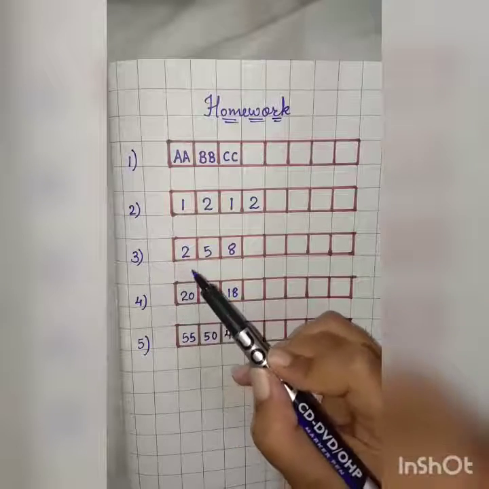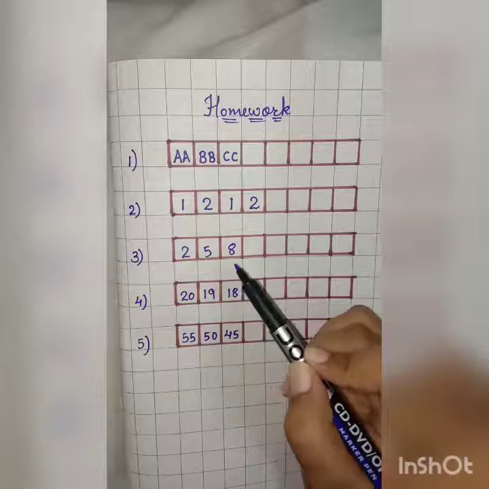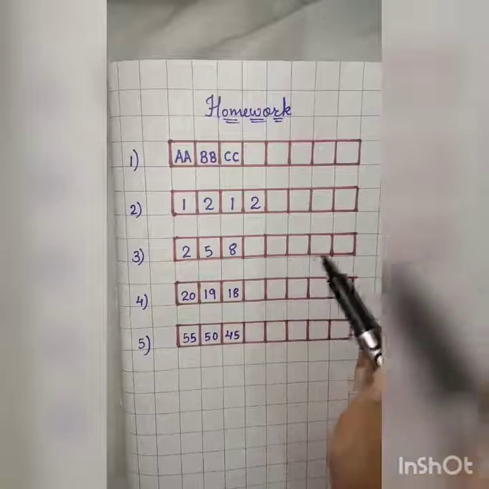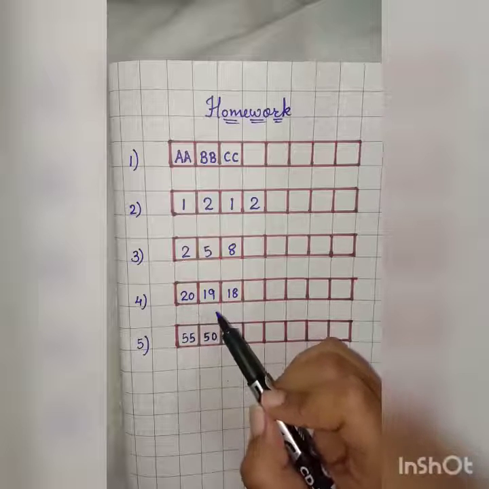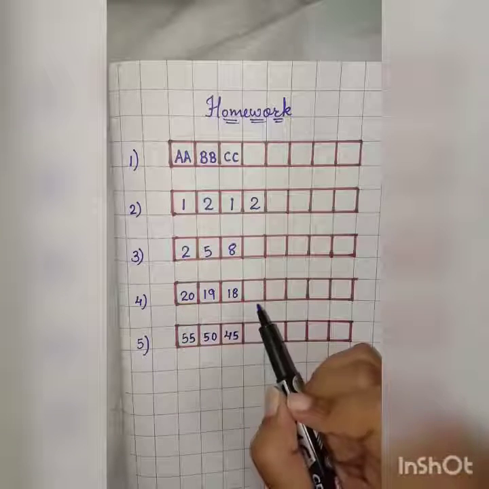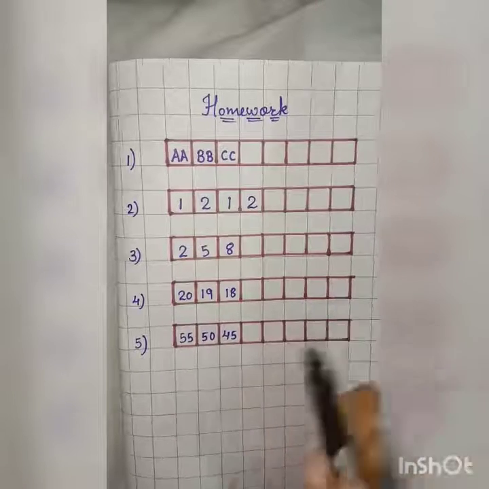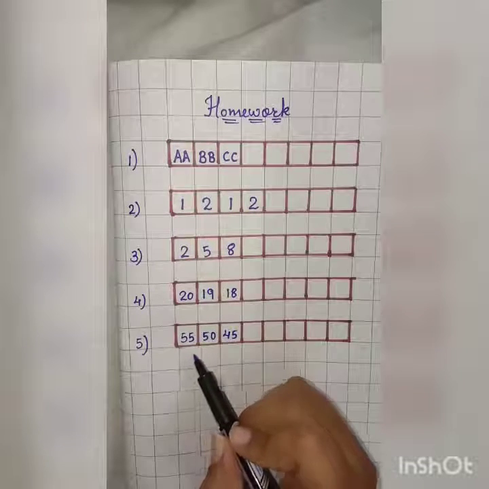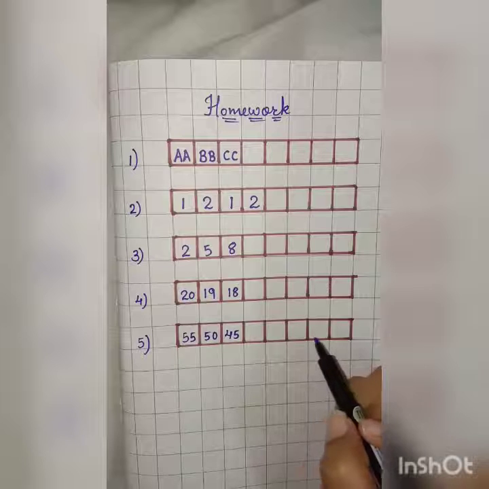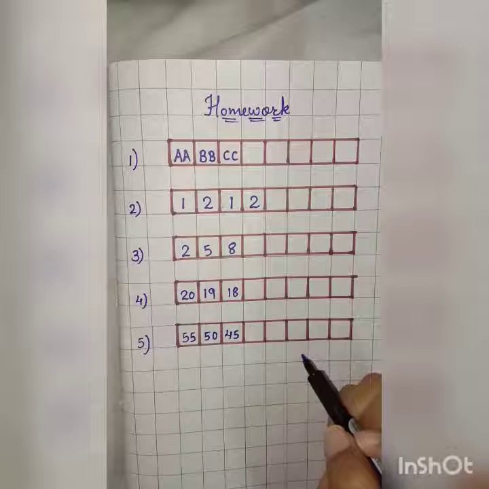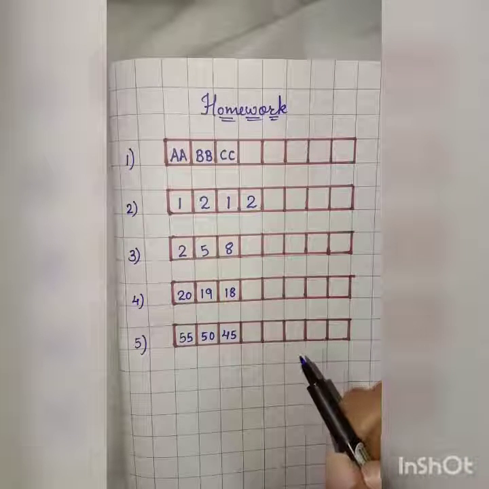Third one, 2, 5, 8, and so on. Fourth one, 20, 19, 18, and so on. And at last, 55, 50, 45, and so on. Try to solve it and share it with us.